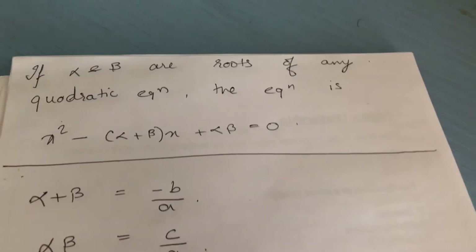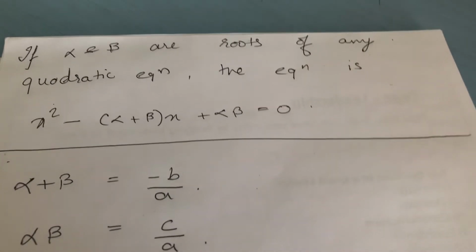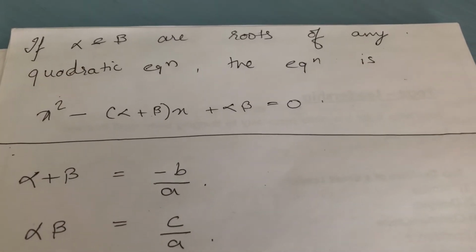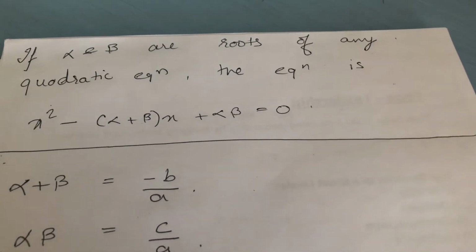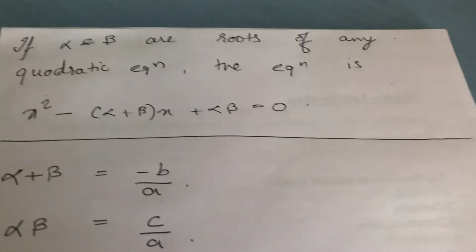Now we will learn a new concept. All these days what we were doing is, one equation was given to you and you were finding out the roots of the equation. Now we will have to do the reverse. The roots of the equation will be given to us. We have to find out the quadratic equation. Okay.